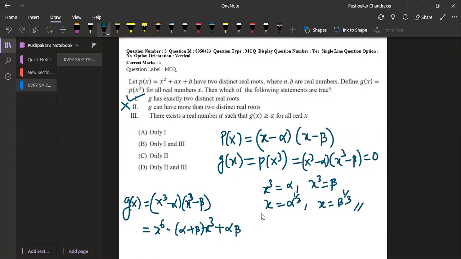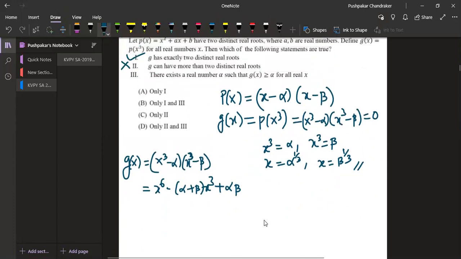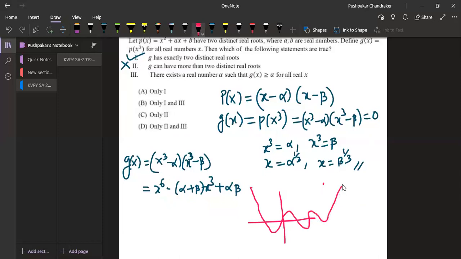Now because x power 6 has an even power, when you try to plot the graph, the function goes something like this. Whenever a function has even power, it tries to go toward infinity. If you put plus infinity, the value will be toward infinity. When you put minus infinity also, the value is infinity. The graph may take a turn, something like this, but ultimately it has to go toward infinity on this side as well as this side.